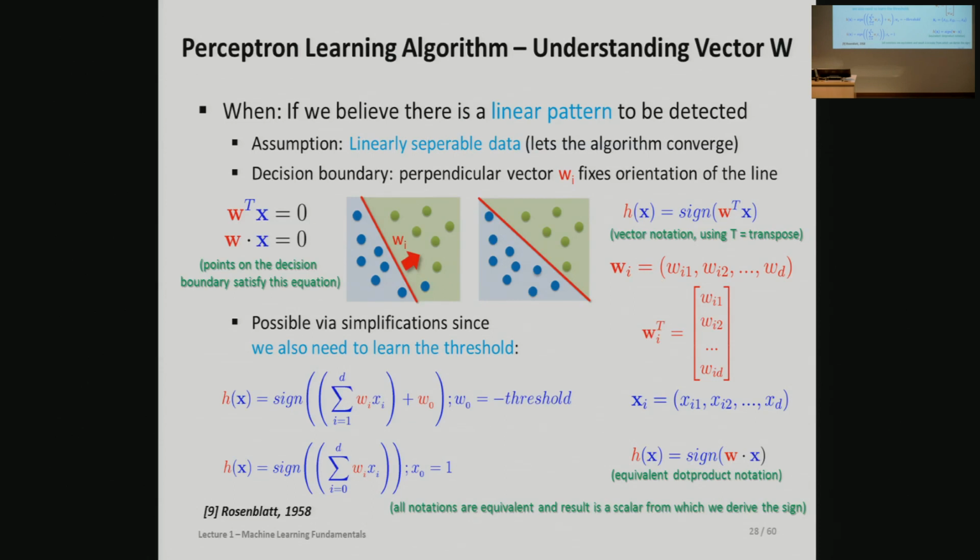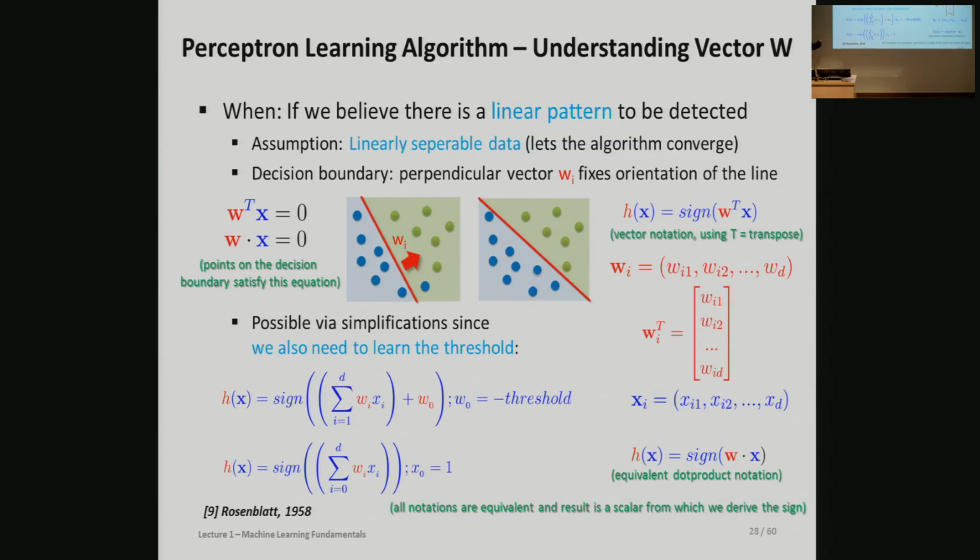So again, from the simple perceptron, we can do a more compact notation. If you remember, the threshold was here, and that is also a learned entity. If we learn it anyway, we can see it as a special weight, right? We learn it from the data. So let's put it as a special weight W0 here and use that as the threshold. And for our data, we don't really have a value for this threshold, so we always assume 1.